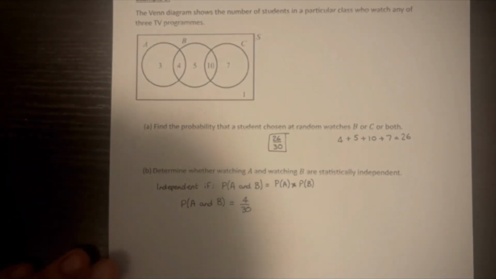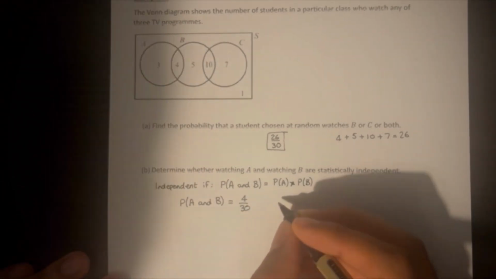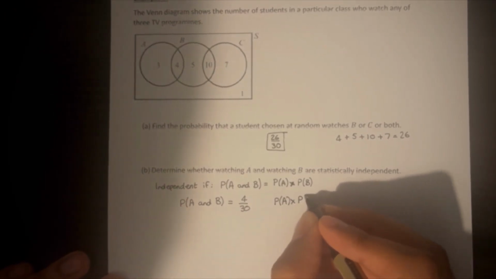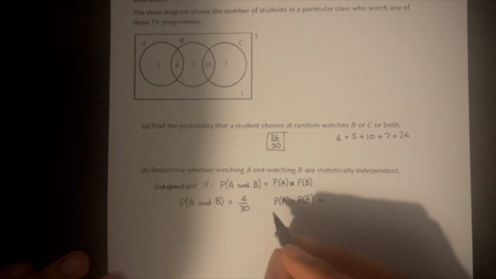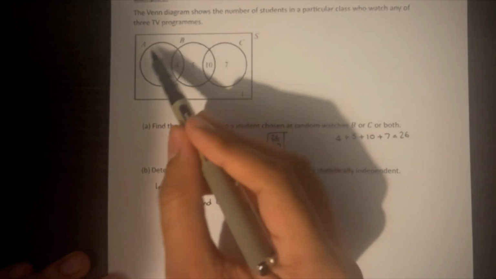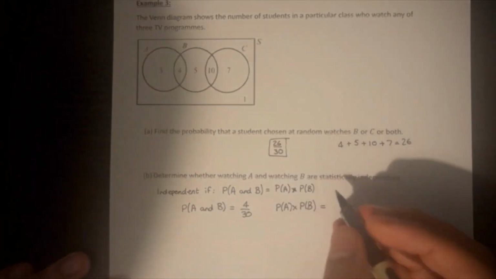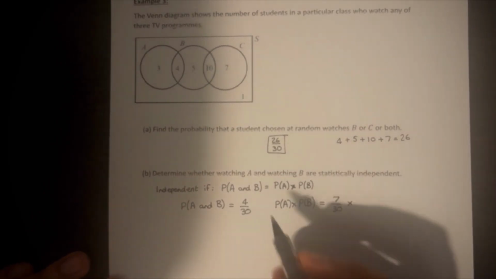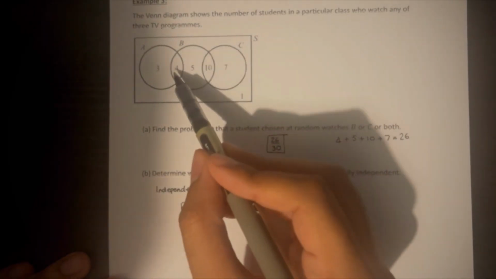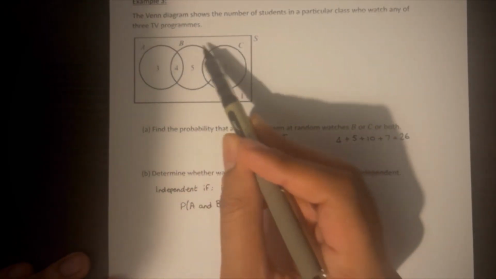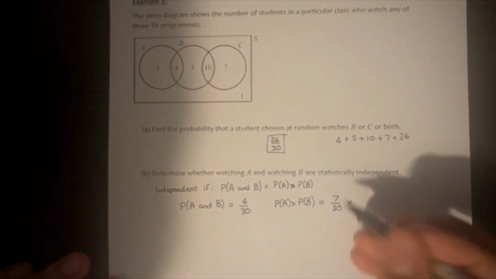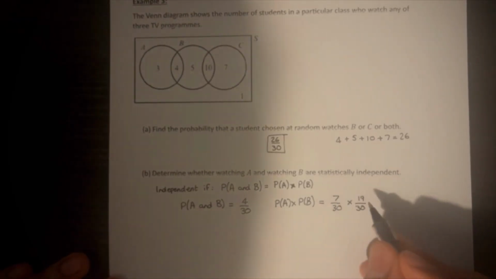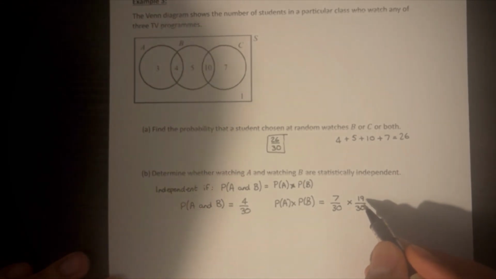So the probability of A and B is equal to 4/30. The probability of A is this 3 and this 4, so that is 7 out of 30, multiplied by the probability of B, 4, 5 and 10. 4 and 5 is 9, plus 10 is 19, so that's 19 out of 30. So 7/30 multiplied by 19/30.